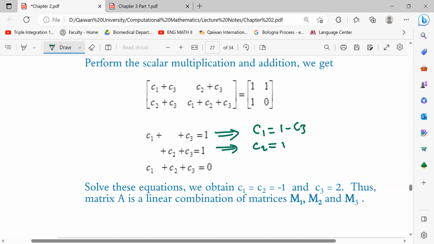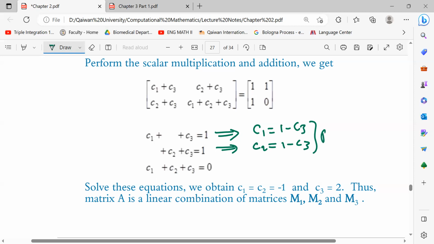C2 is 1 minus C3. Now, we replace C1 and C2 by 1 minus C3, and then let's see what we get.